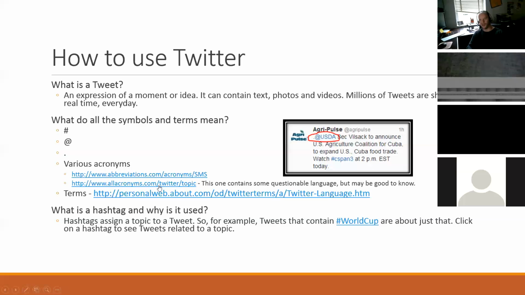So it's important that our youth understand that, and that it's a public forum. Even if they're sending direct messages, which are technically private, it's still a public forum. So understanding what those acronyms are will allow you to watch what your 4-Hers are tweeting out, and make sure they understand that it's not appropriate to tweet out inappropriate things that can come back to bite them at some point in the future, possibly.